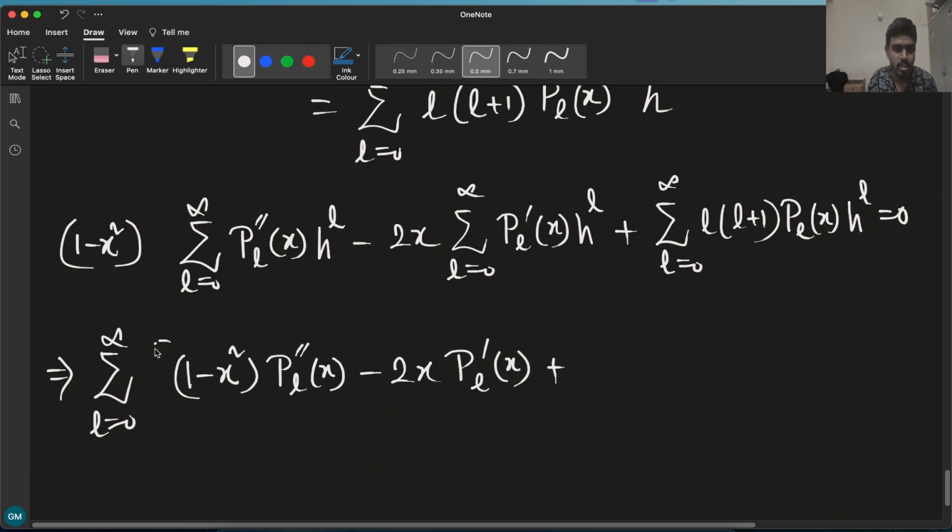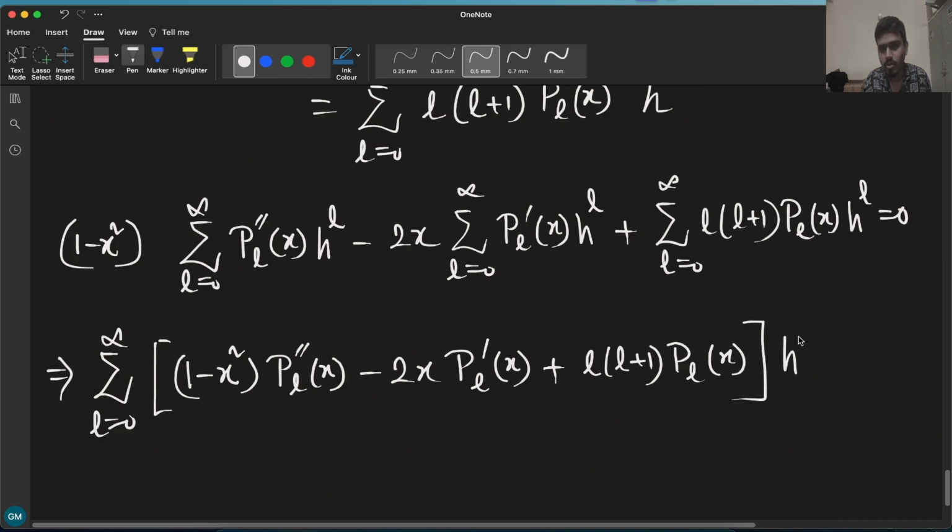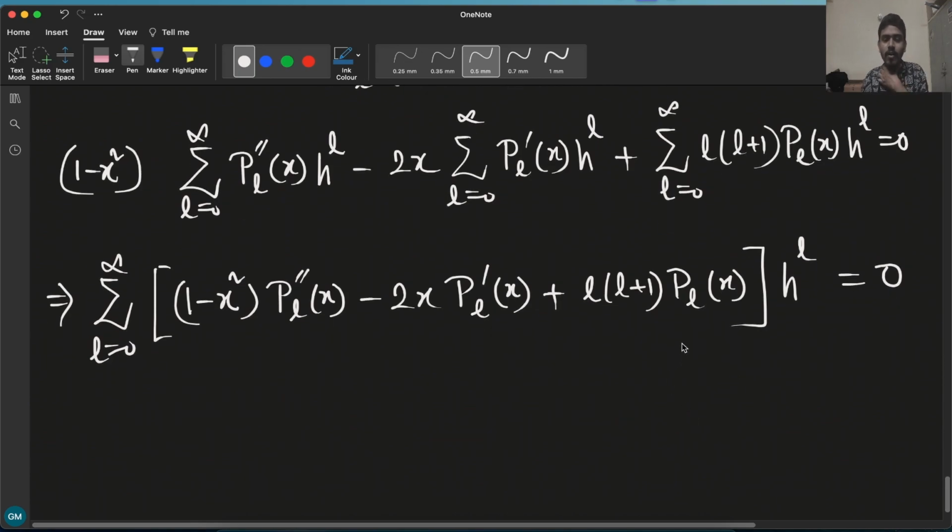I am taking this h to the power L common because it is present in all the terms, so the whole thing is multiplied with h to the power L. So this is a power series with respect to h, and the right hand side is 0. That means the coefficients are all 0.